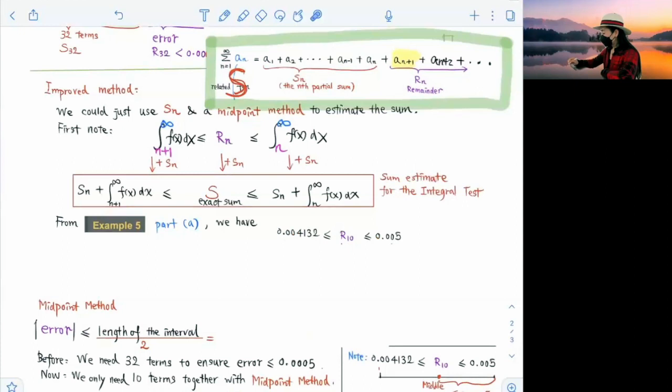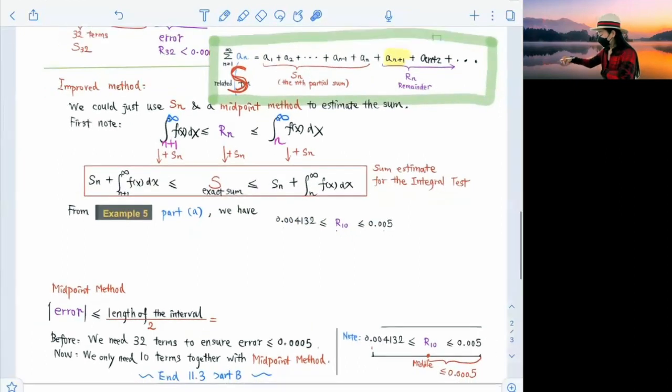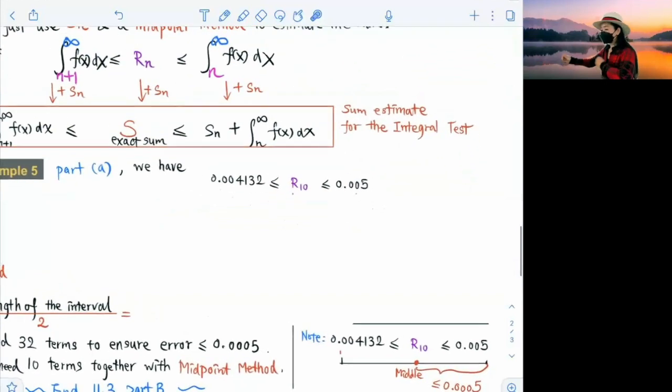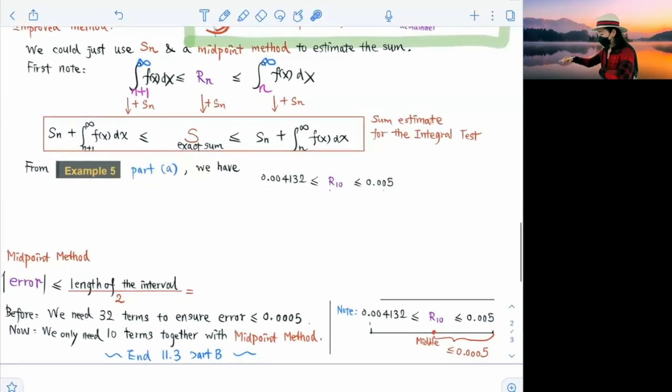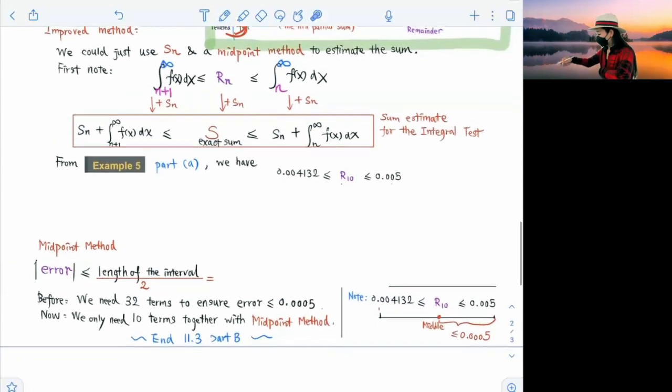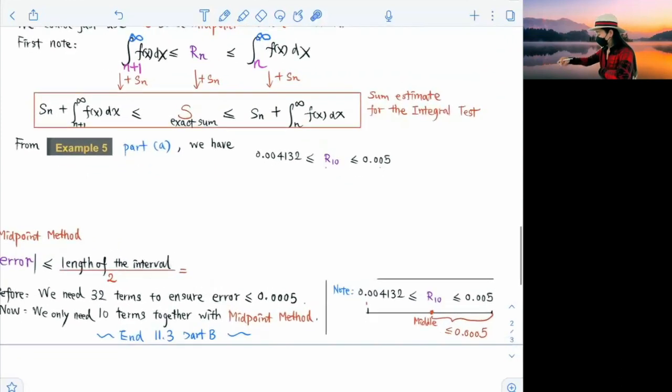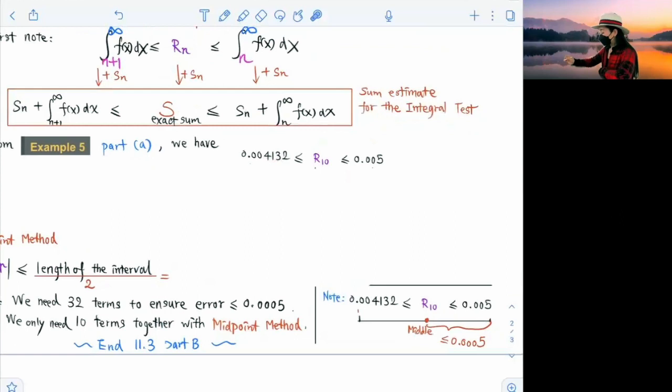How do you find the midpoint of two numbers? Yes, add them up and then divide by 2. So we're going to add them up and divide by 2, then to estimate.